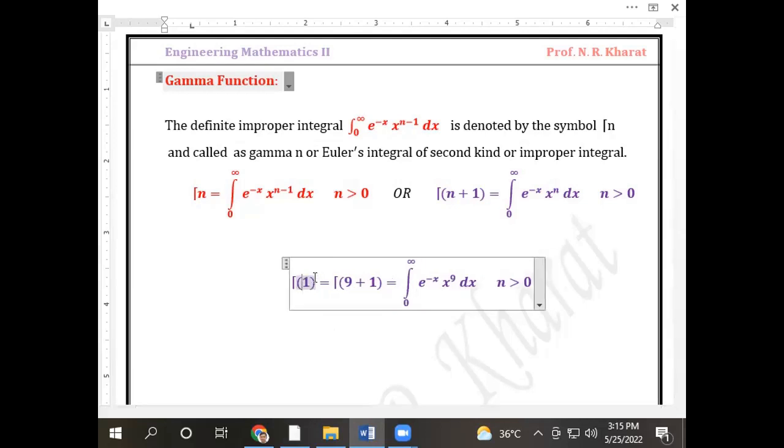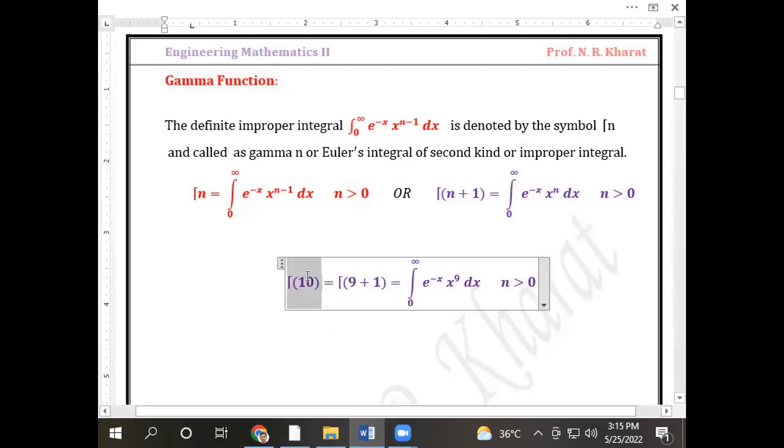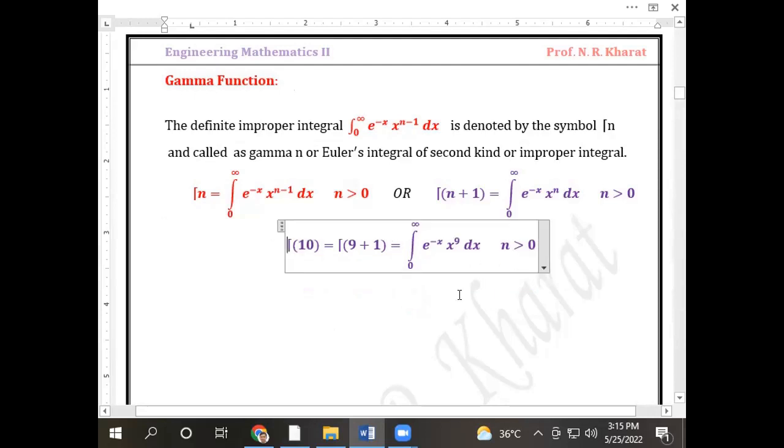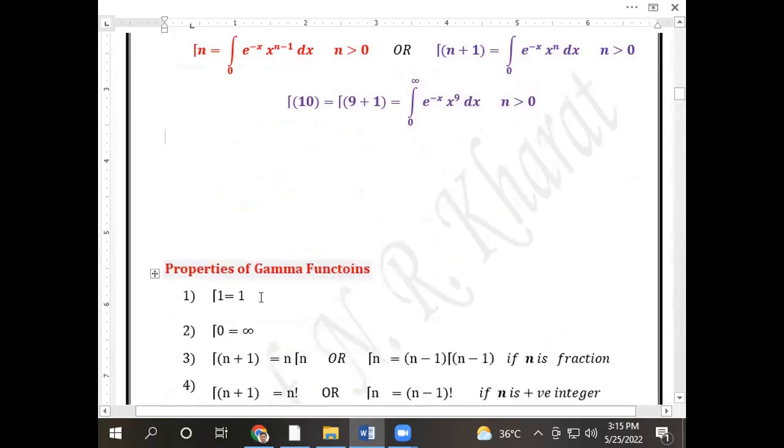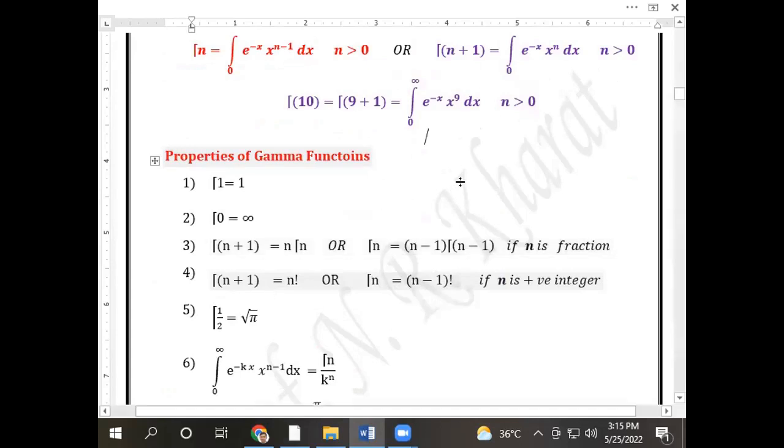Then how do we find the value of this gamma? What is meant by the gamma? The gamma defines some standard properties according to its definition. So we will see some properties of gamma.